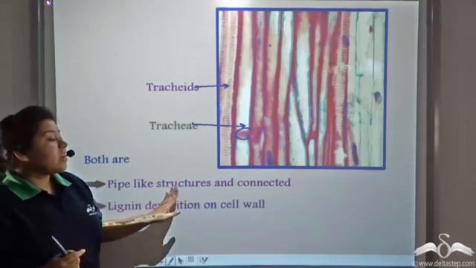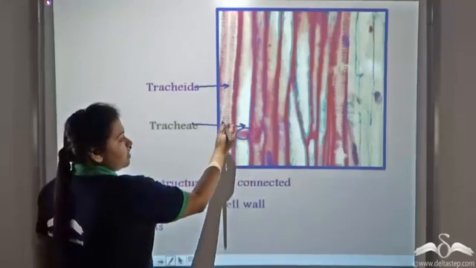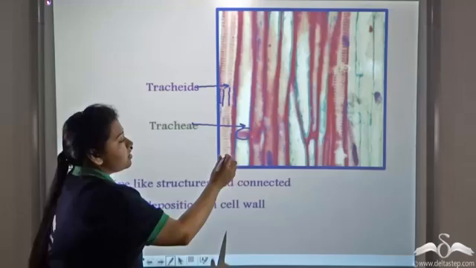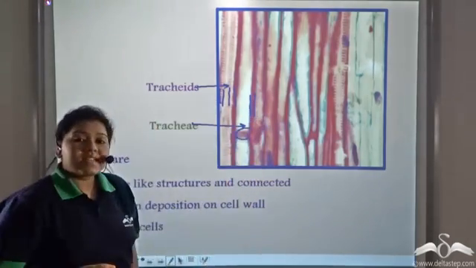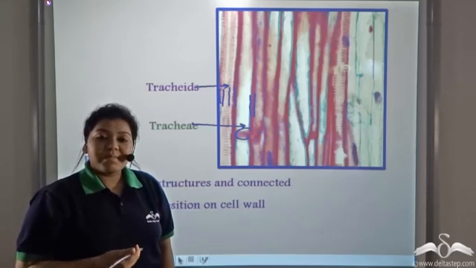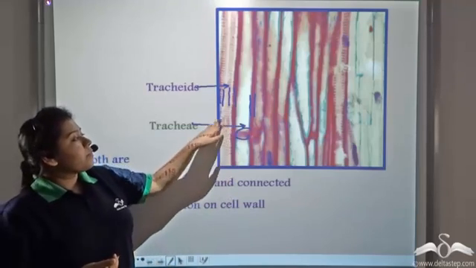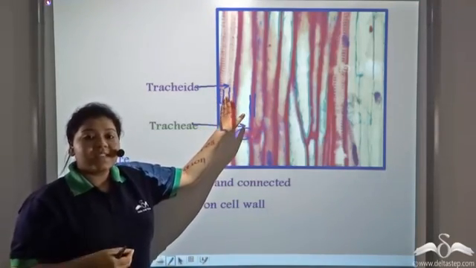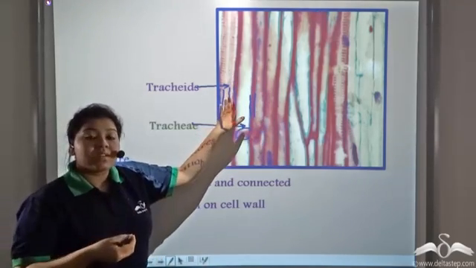They have thick cell walls due to depositions of lignin. See, this cell has thickened cell walls, and the next cell or the trachea also have thick cell walls. And this thickening is caused by the substance known as lignin. Now notice one thing, because the cell walls are thickened due to lignin, the space within the cell has become narrower.